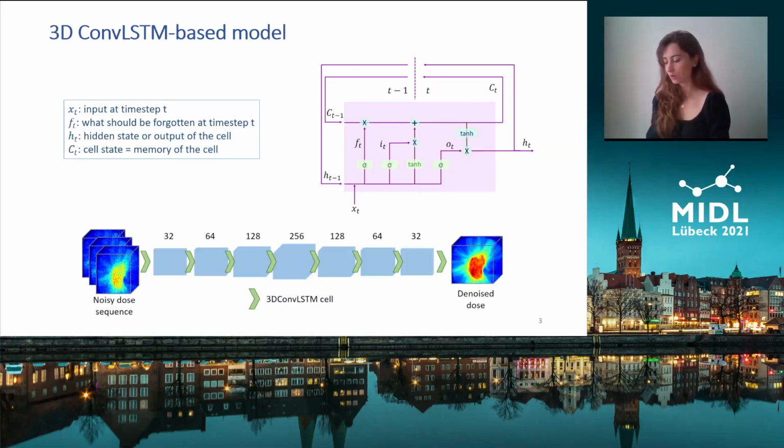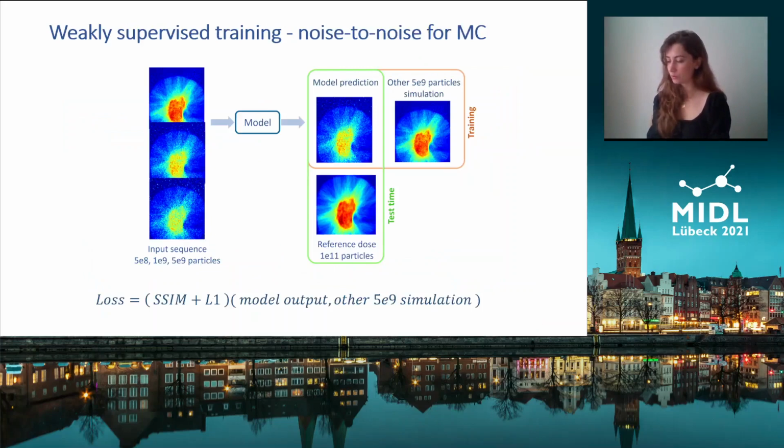However, the reference dose volumes are extremely expensive to compute. So we decided to train our model in a weakly supervised setting called noise-to-noise. Unlike supervised training, the noise-to-noise training scheme does not require computing the reference dose for the patients that are in the training set. In other words, when you train, the model weights are optimized using only the noisy simulations that were computed for the patients in the training set.